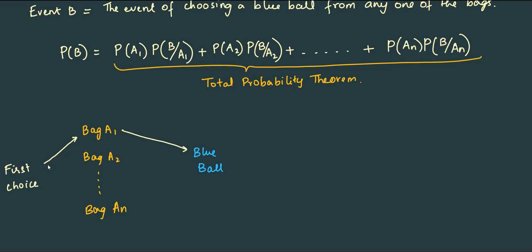So it can so happen that it has come from bag A1 and I select a blue ball, or I choose bag A2 and I select a blue ball, or I choose bag AN and select a blue ball. Now, this is the outcome that I've selected a blue ball.